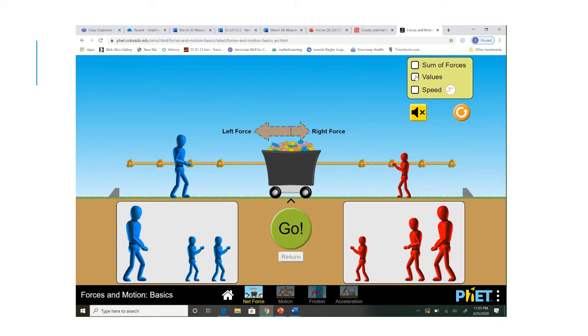And go ahead and click values. You can see right here the forces that are being put on the cart by the two different people. So we have 100 newtons being pulled from the left and 50 newtons being pulled from the right. Who do you predict is going to win?